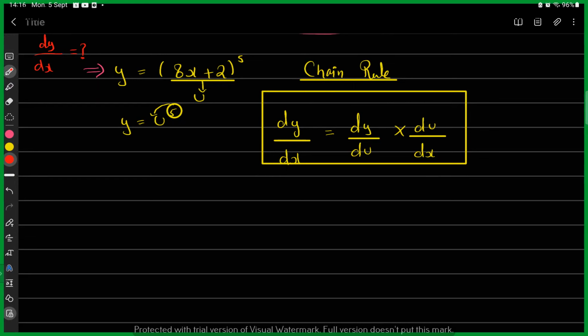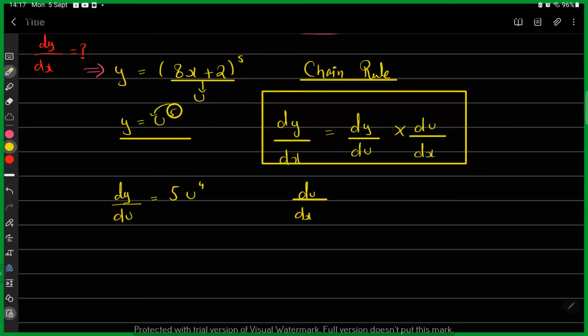Whatever you have inside the brackets is equal to u. So dy by du is the differentiation of y with respect to u: 5 would come as it is, and it would be u power 5 minus 1, that is 4. Same rules.